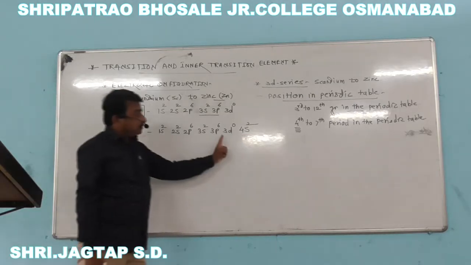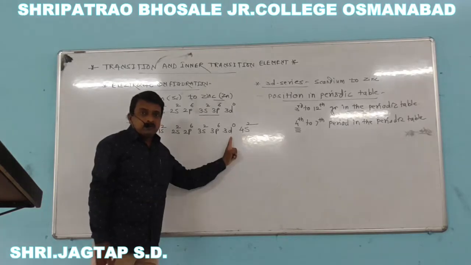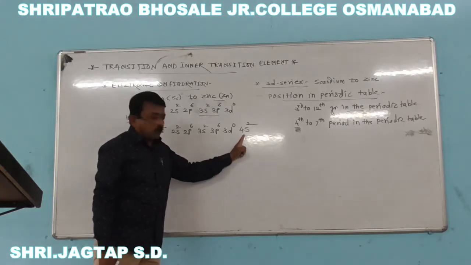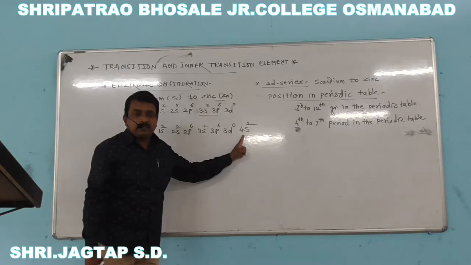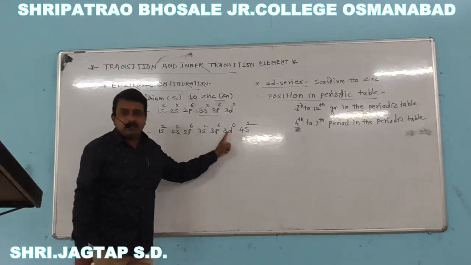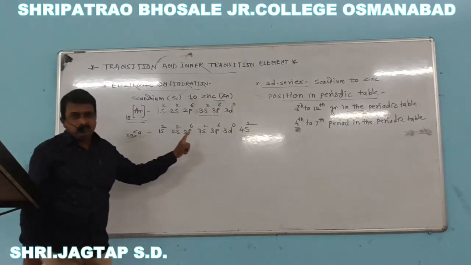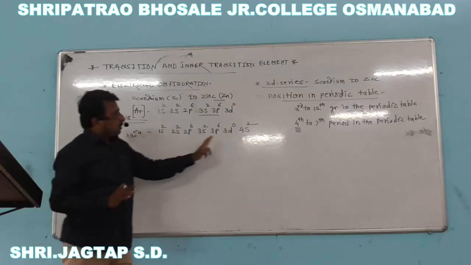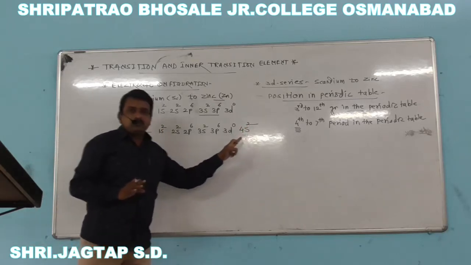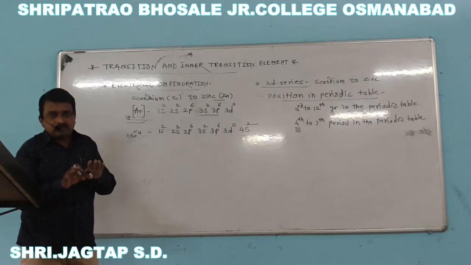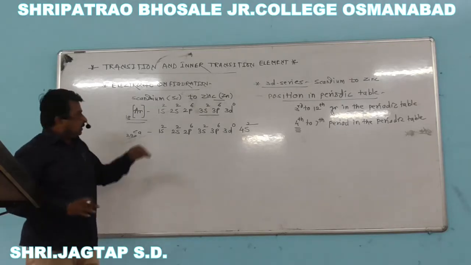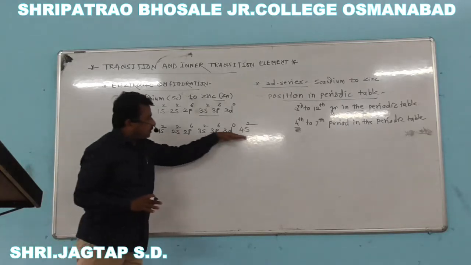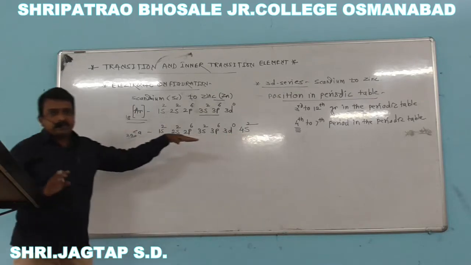The reason may be that the energy of the 4s orbital is less than that of the 3d orbital. Therefore, the last two electrons enter into the 4s orbital, and therefore its electronic configuration is as it is.